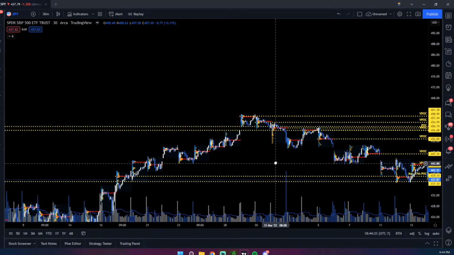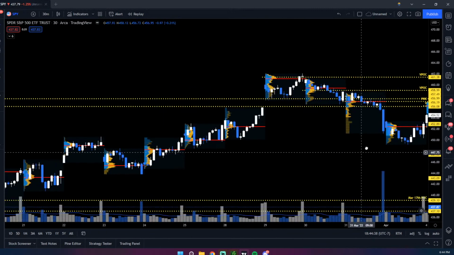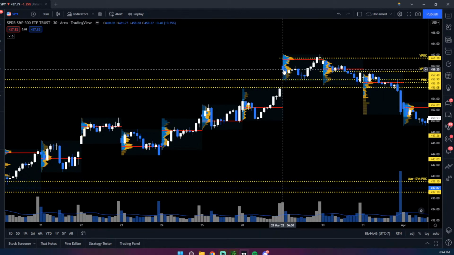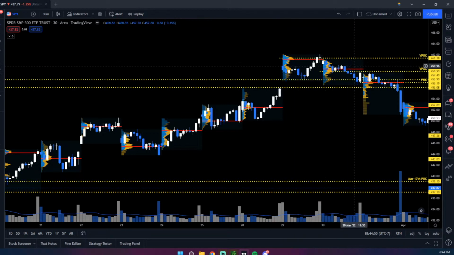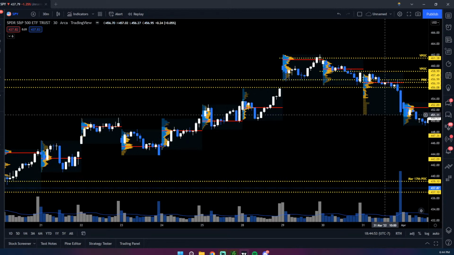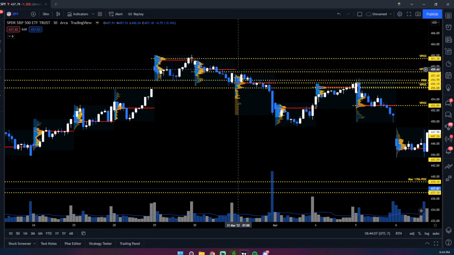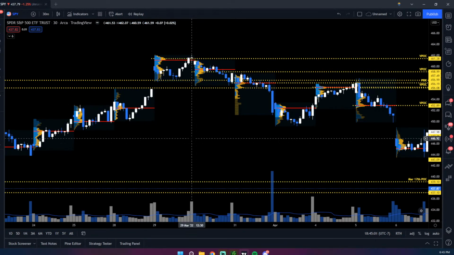I don't know if you can see here really well, but we actually came up right to this POC and the market closed and then we gapped above. And then these POCs start acting as support. But then they'll also act as resistance back down. So just be aware, POCs will act as support and as resistance.